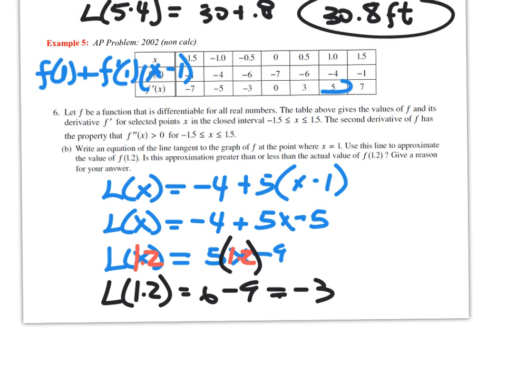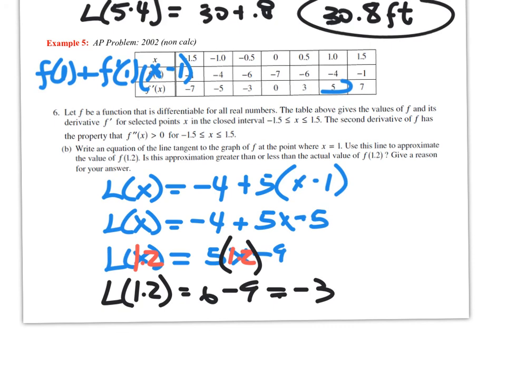Alright, so I accidentally paused that, but my linear approximation will be f of 1 plus f prime of 1 times x minus 1. I simplified that out here and then plugged in a 1.2 to do my approximation. So that approximation comes out to be negative 3.